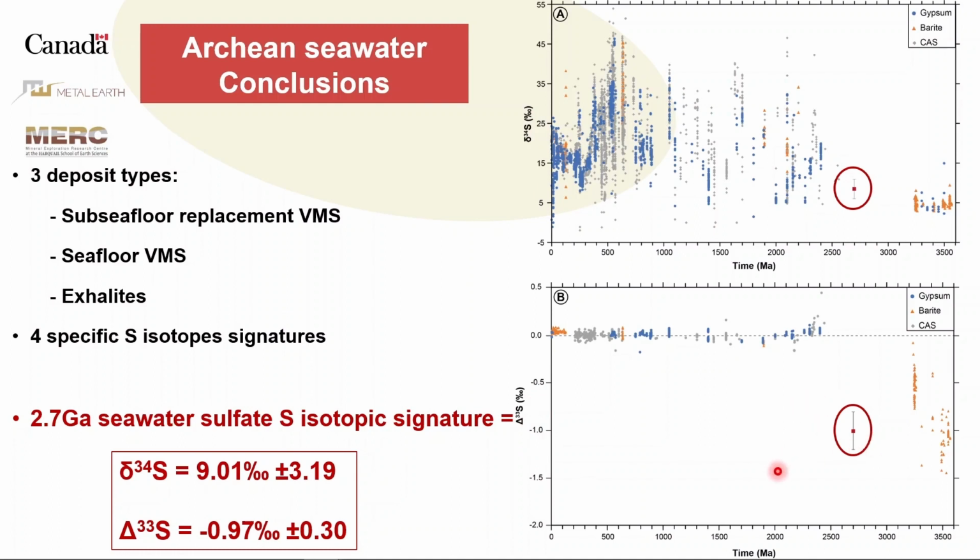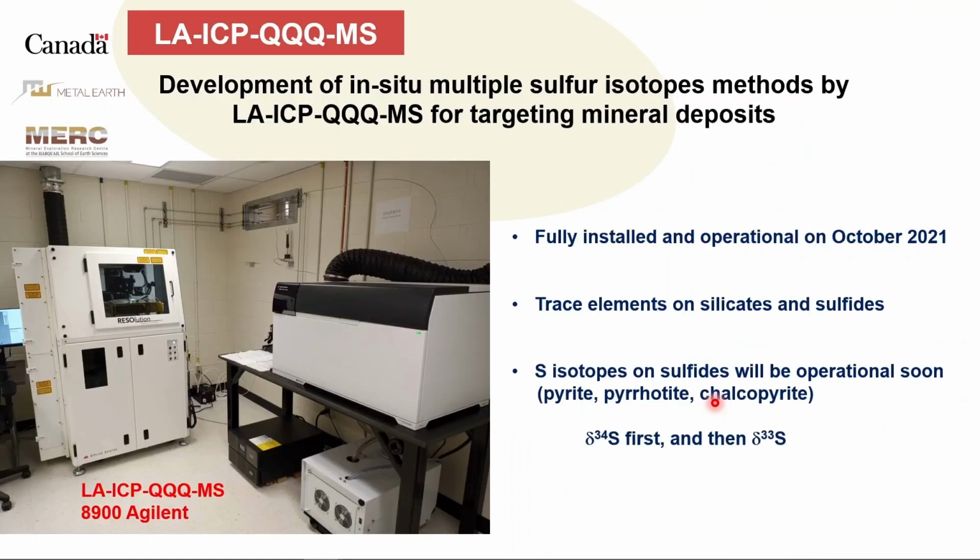Like that, we have an end member for the isotopic signature of the seawater sulfate, and with this end member, we can track the influence of seawater in our deposits, for example. So, to conclude on this VMS part, I will now finish with the ICP-MS we developed and installed at the university level.